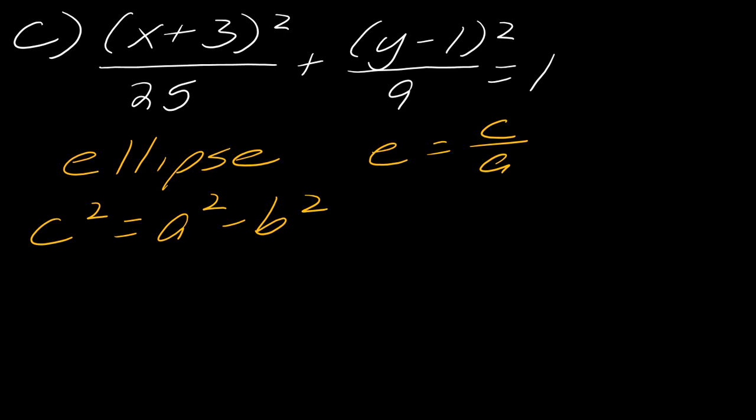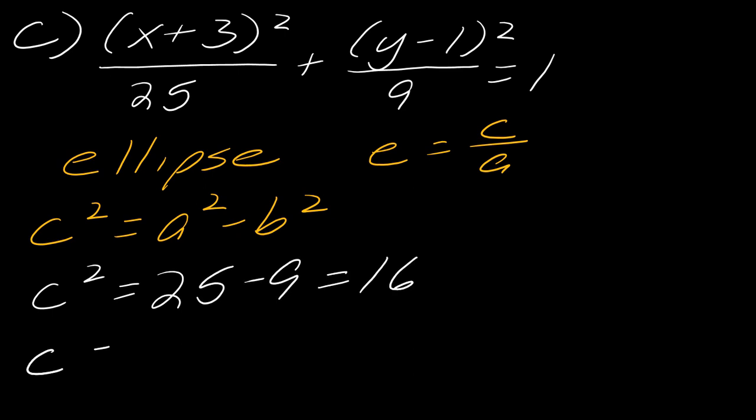The thing to remember with ellipses is that your a is always the larger of the two numbers. You should never have a c squared that is negative. If you ended up being mindless with your calculation and you get a negative number for this, then you know you chose the wrong a. So c squared equals 25 minus 9, which equals 16. My c will just equal 4. So my e then is going to be 4 over 5.